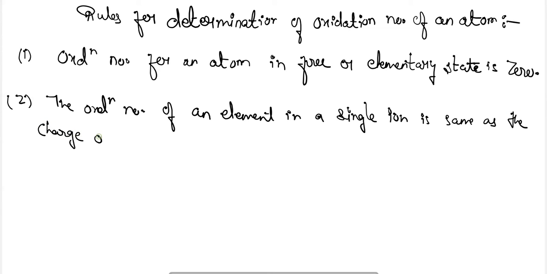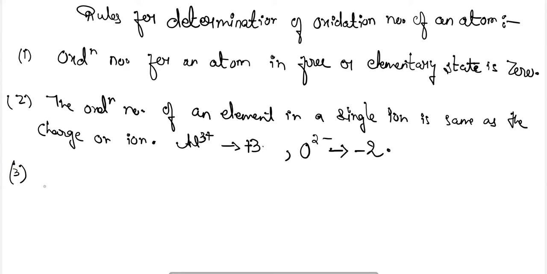For example, if Al3+ is there, the oxidation state will be +3 only. If O2- is there, the oxidation state will be -2. Hence for ions, the charge they possess will be their oxidation state.